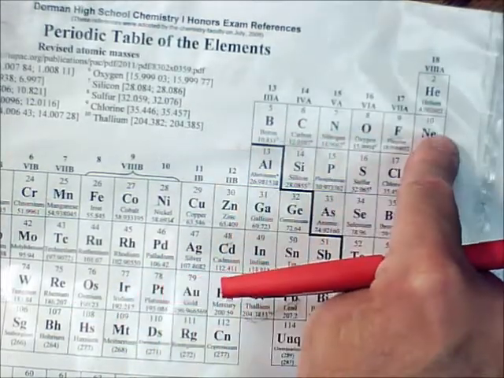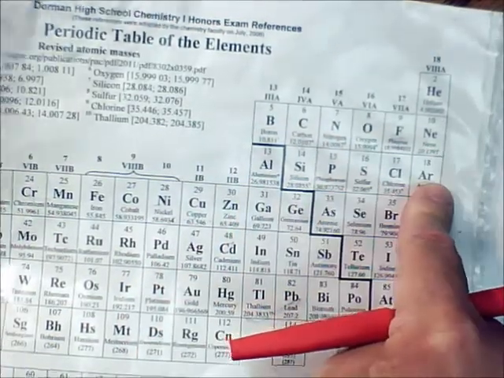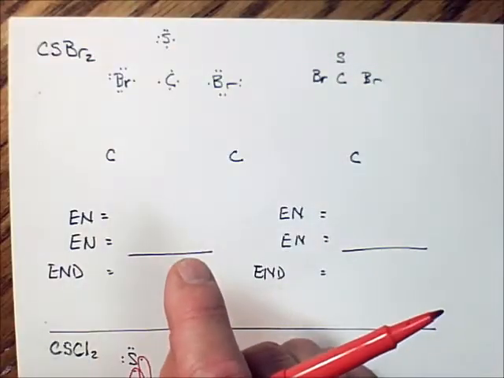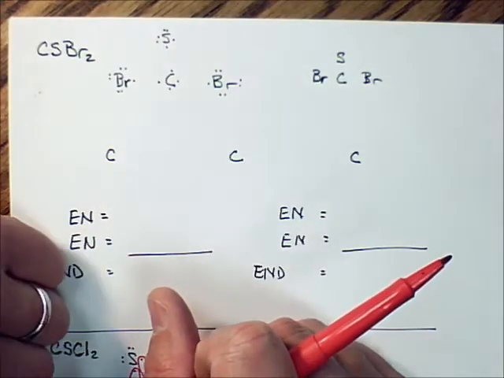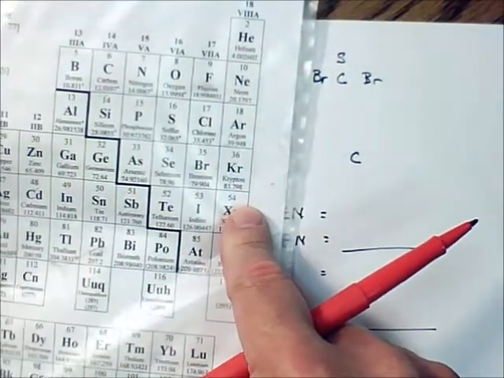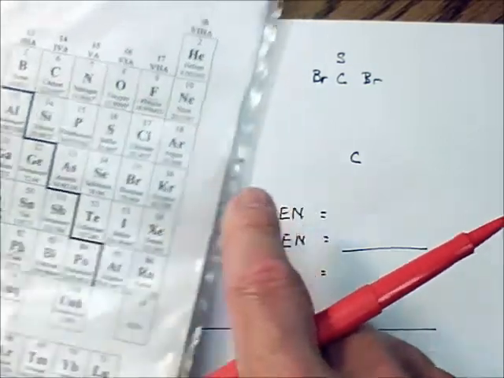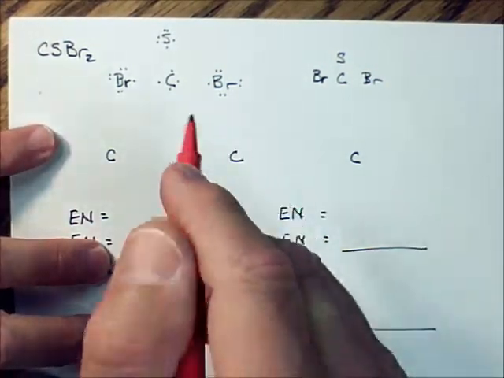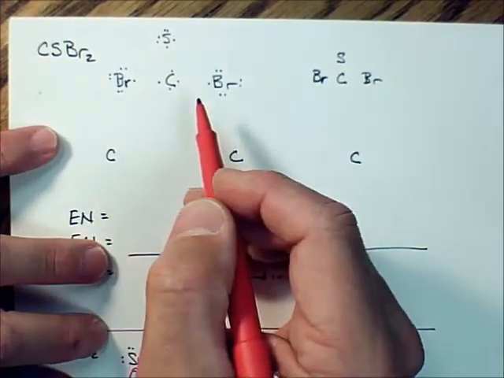Carbon wants to be like neon, sulfur wants to be like argon, bromine wants to be like krypton. They all have 8 electrons. The elements on the far right over here are noble gases. They have 8 valence electrons. So all of these other elements want to be like that, in that they want to have 8 valence electrons when they're doing this covalent bonding.